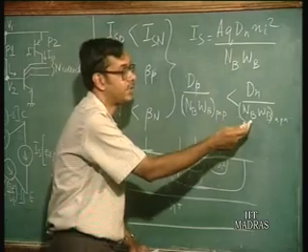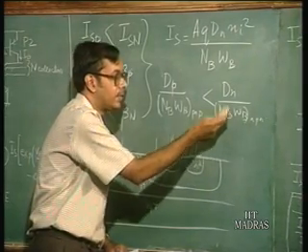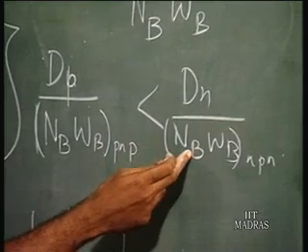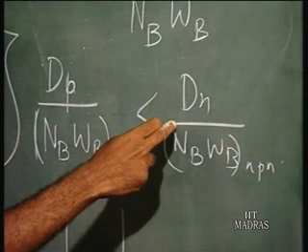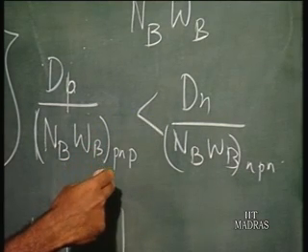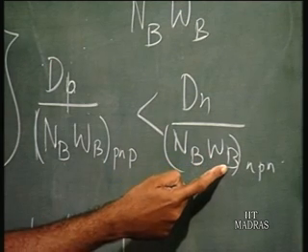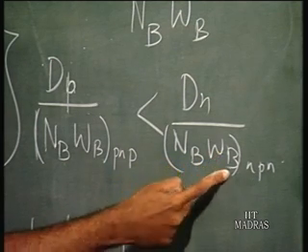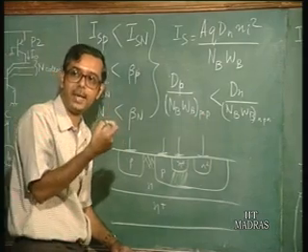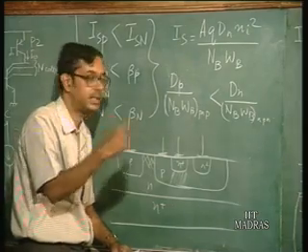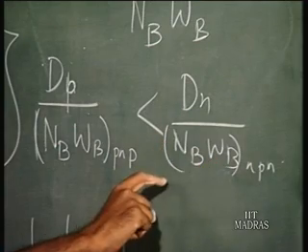So, again if you look back into this condition, for the NPN, the doping concentration is higher, which means that this term becomes smaller, which is going to create problems. Okay. So, what you have to do is WB of the NPN must be made much smaller than the WB of the PNP, that is the base width of the NPN must be made much smaller than the base width of the PNP. So that this product term NB WB is much less.